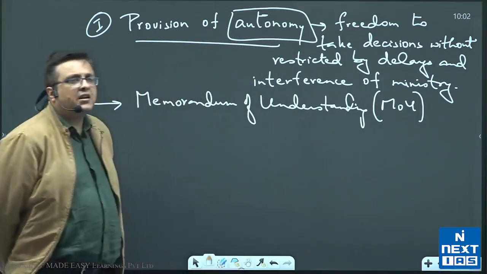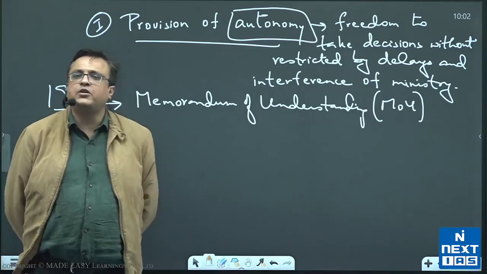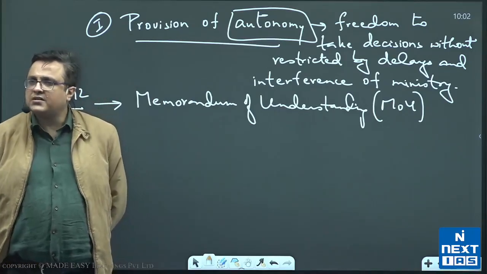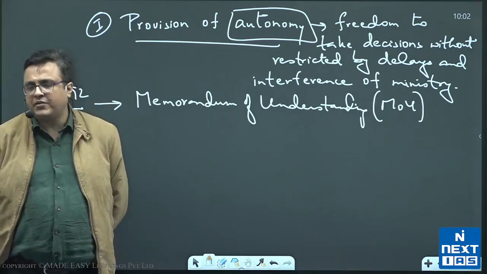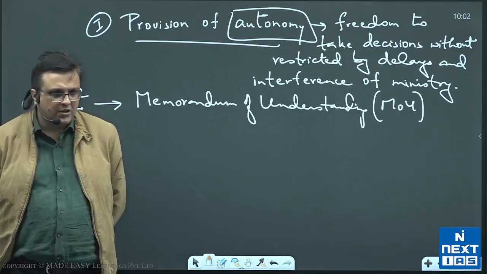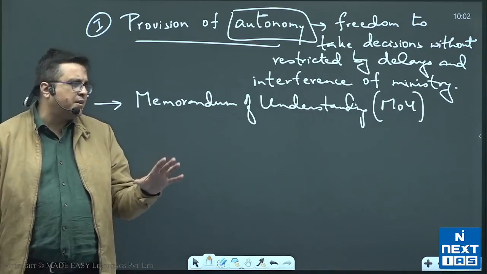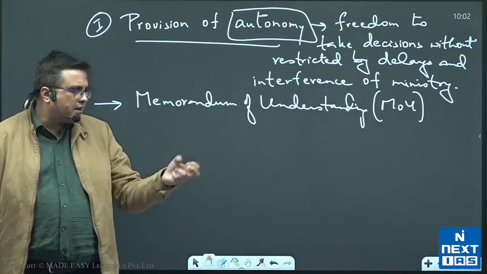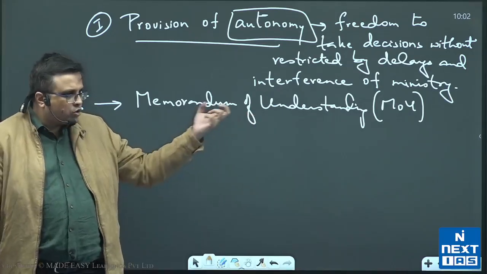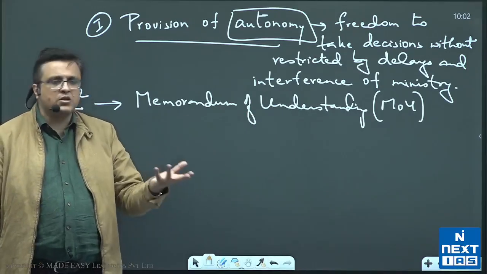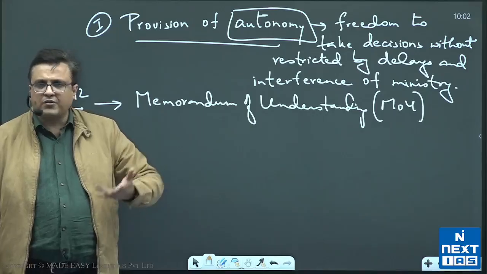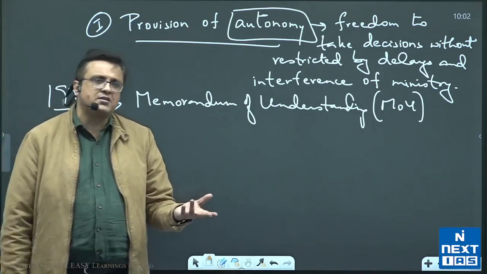It is actually a legal document which will be signed between two parties, and whatever understanding is reached will then be respected by both. It can be more than two parties, but let's say for the time being two parties. If they sign this MOU together, both parties will respect it, and they will go by whatever are the clauses in that.